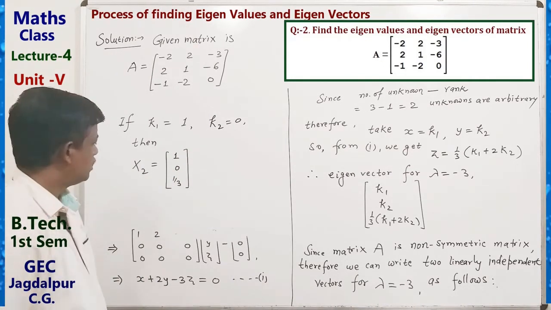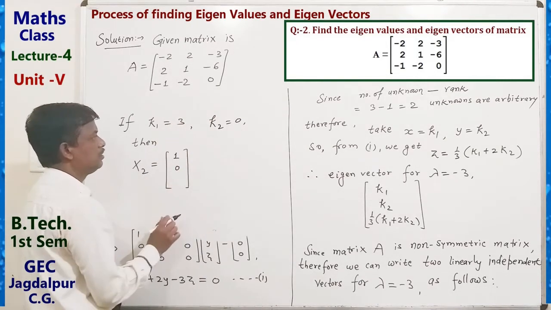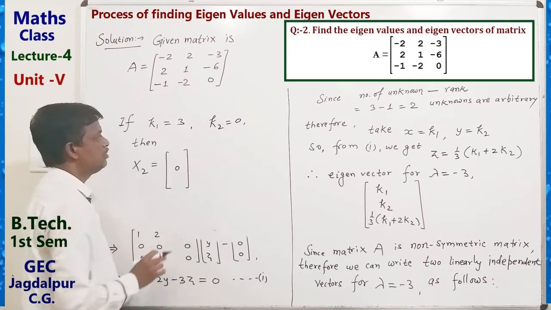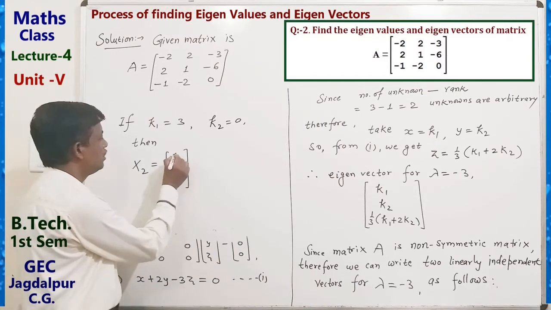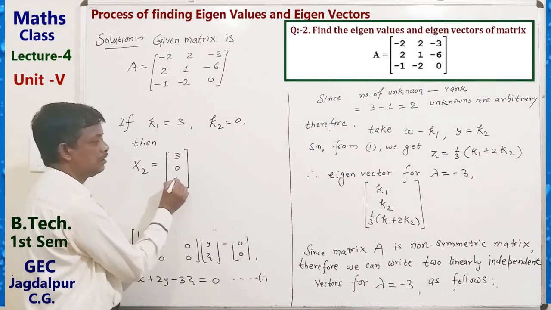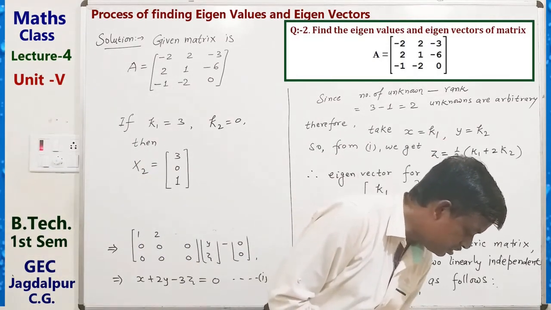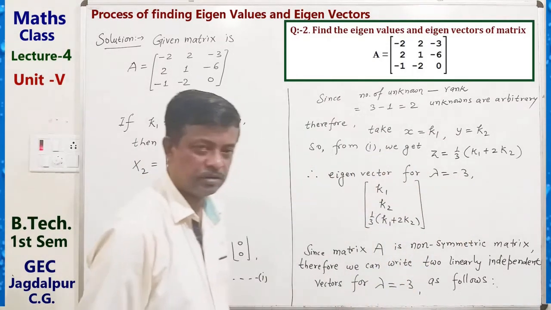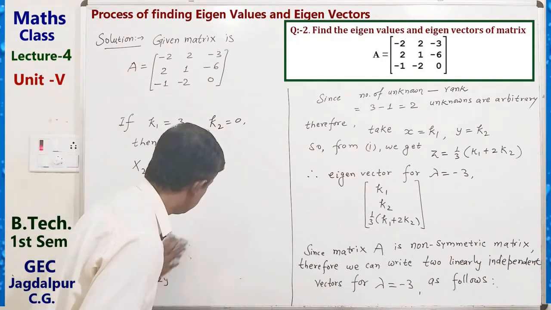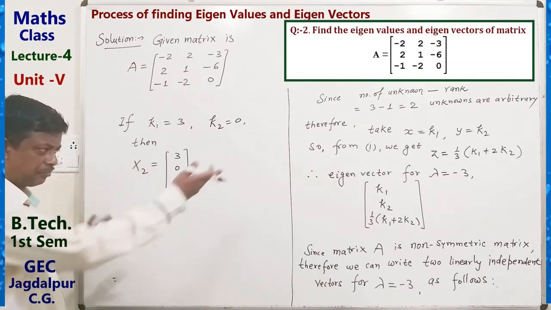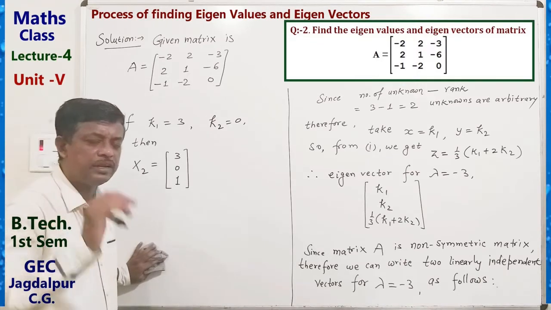For simplification, if we take 3, 0, then this will be 3, 0, 1. Just do that, because there are infinitely many eigenvectors, so we have to write only two linearly independent vectors.